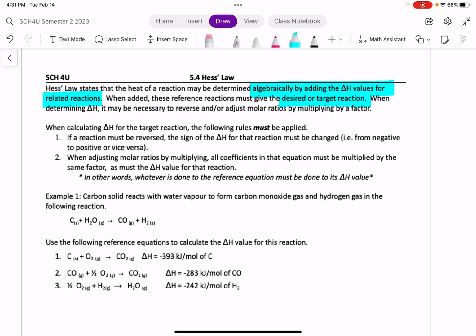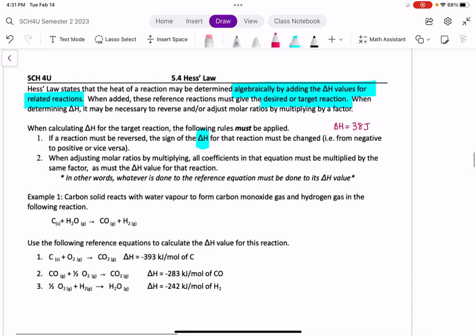When determining enthalpy change, it is important to either reverse and or adjust the molar ratios by multiplying that enthalpy change by a specific factor. So here are the following rules that must be included when we are using Hess's law. The first one states that if a reaction must be reversed, the sign of the enthalpy change for that reaction is also changed. So let's say we had a reaction and the enthalpy change was 38 joules.